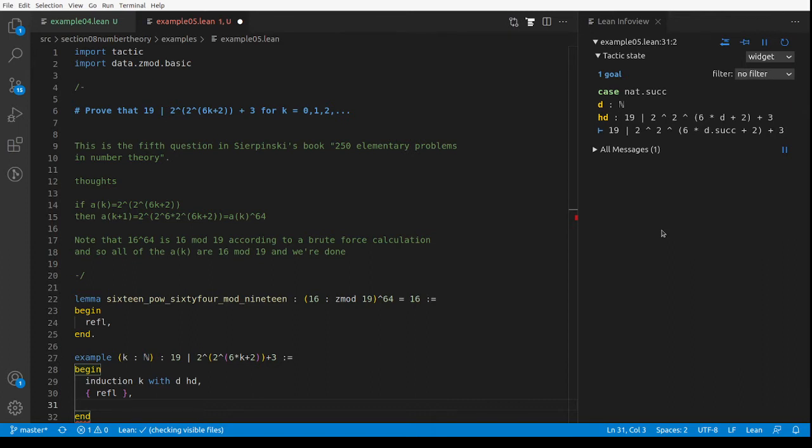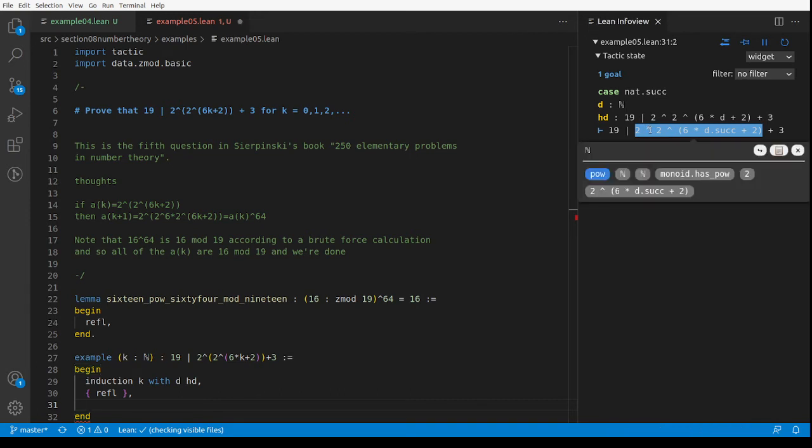Now, how are we going to do this? So let's try and use the Z mod. Well, for a start, I need to do the calculation which I was doing. I need to do this, right? Let's copy this.